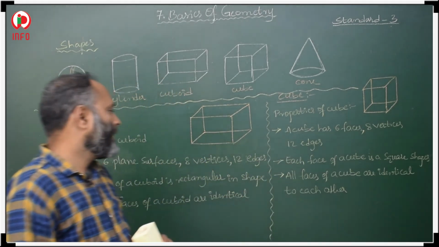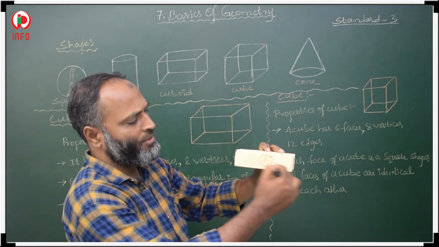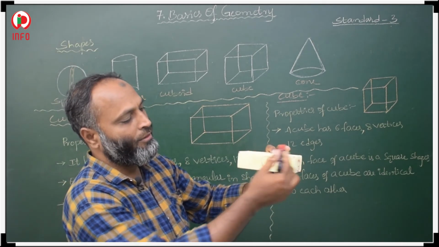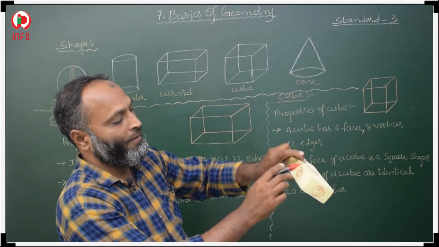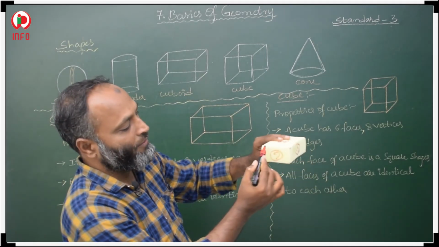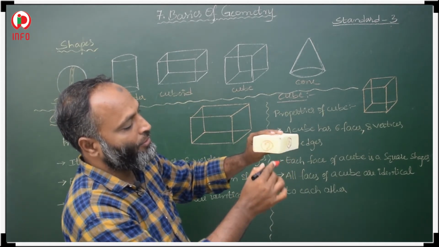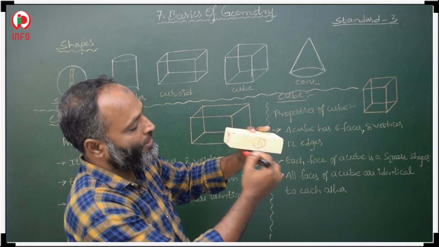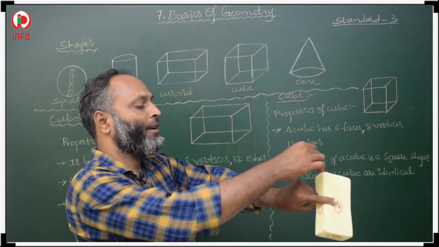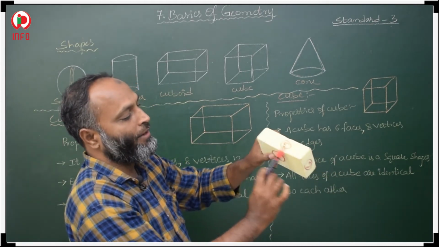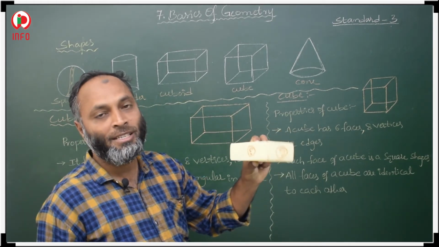Okay. Now, how many edges? 12 edges. 1, 2, 3, 4, 5, 6, 7, 8, 9, 10, 11, 12. These corners we have to count. Total how many edges? 12 edges.